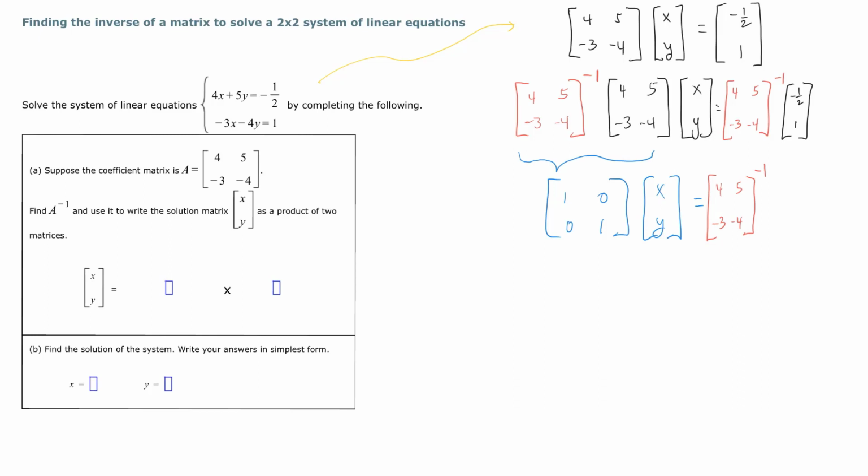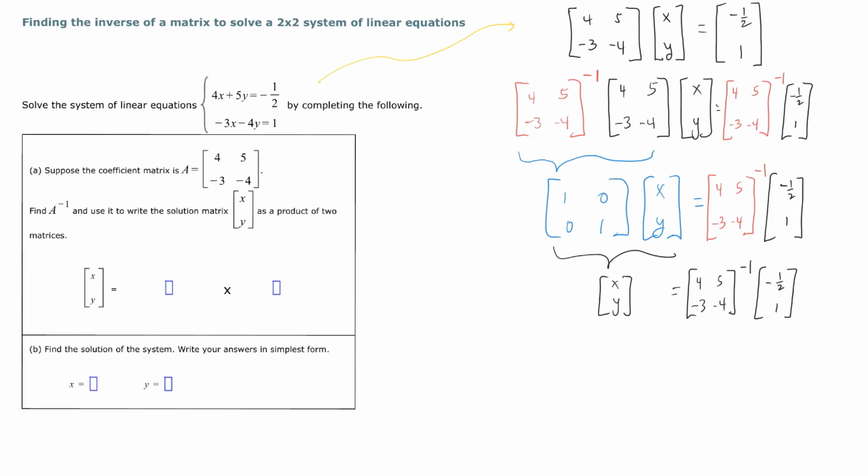That just means inverse of that matrix. So that's what's going on. Notice when you multiply this, that just gets you x comma y. So the key here is to actually find the inverse of that particular matrix.